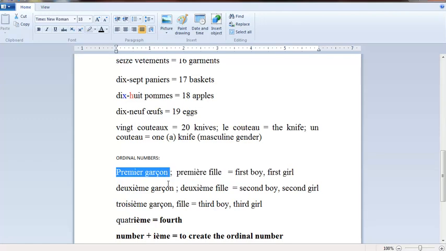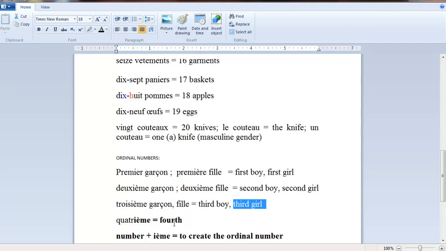Première fille, first girl. Deuxième garçon, deuxième fille. Second boy, second girl. Troisième garçon, it means third boy. Troisième fille, it means third girl.